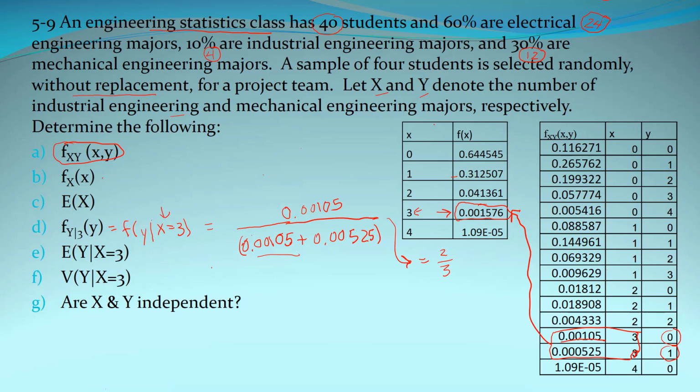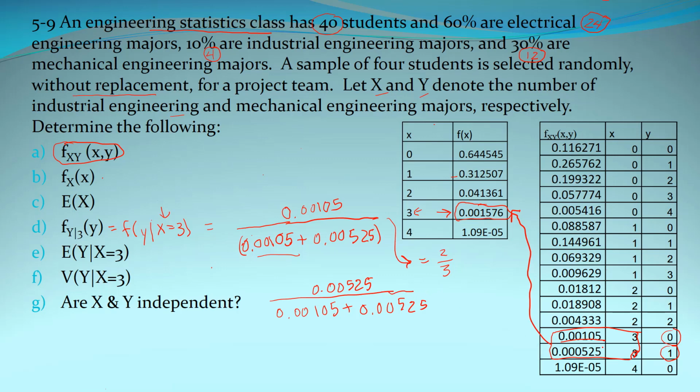So within this whole world of x is equal to 3, we've got a 2/3 chance of y being equal to 0, and obviously we're going to have 0.00525, right? So that's a smaller chance.